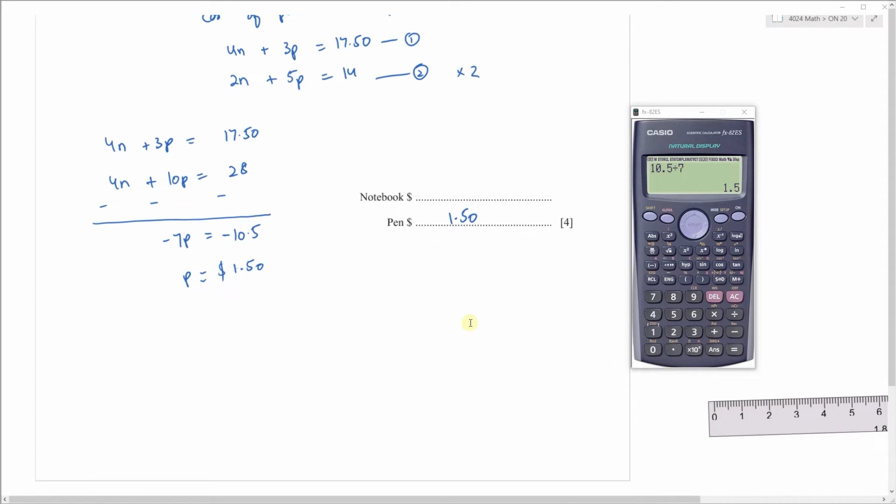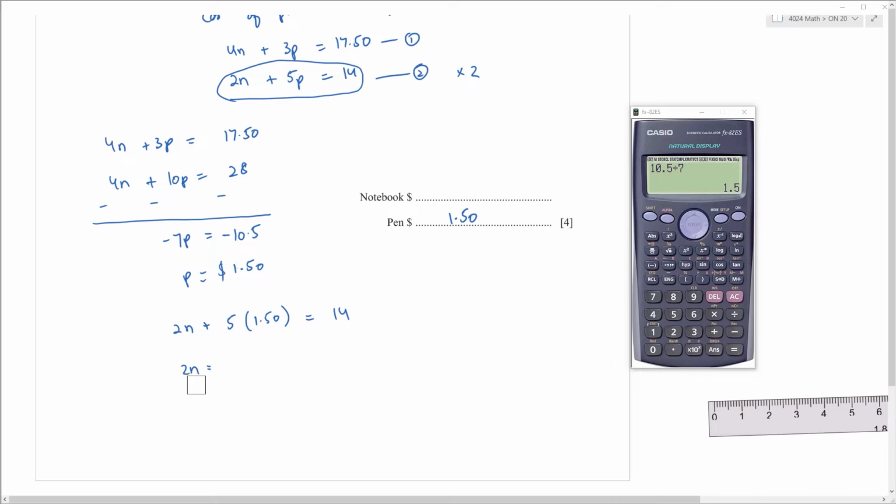Now to calculate the value of n, I can substitute the value of p in any of the equations. So let's substitute it here. 2n plus 5 into 1.50 equals 14.